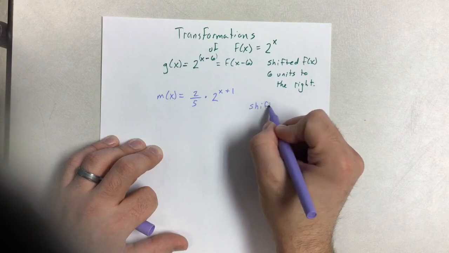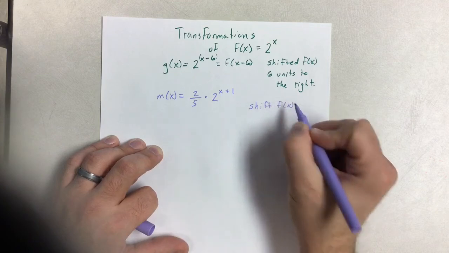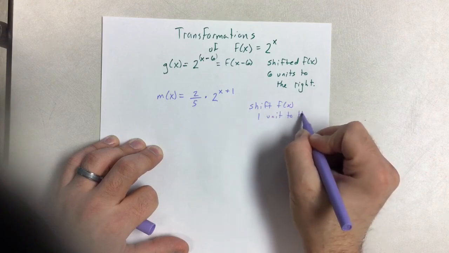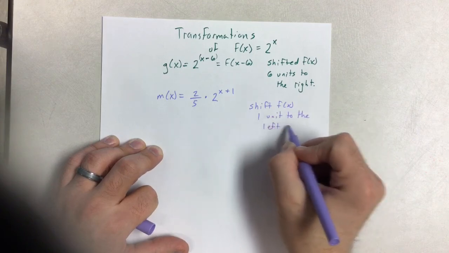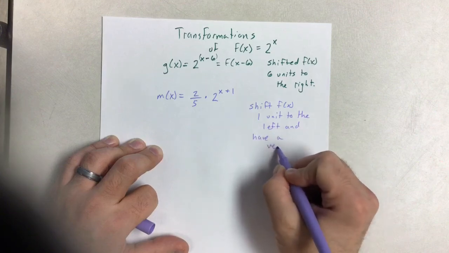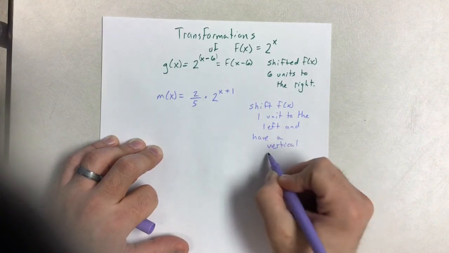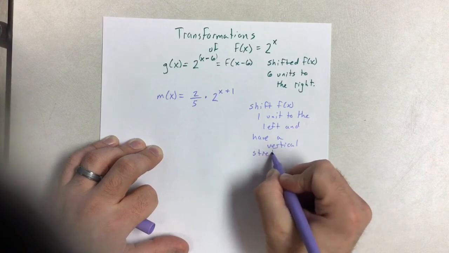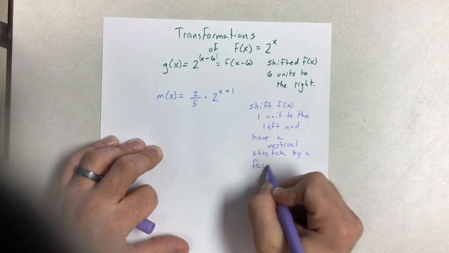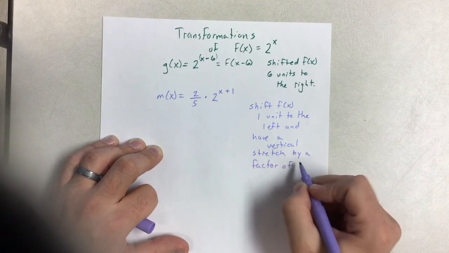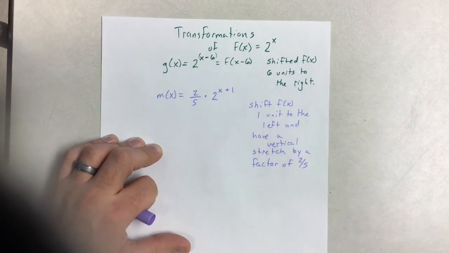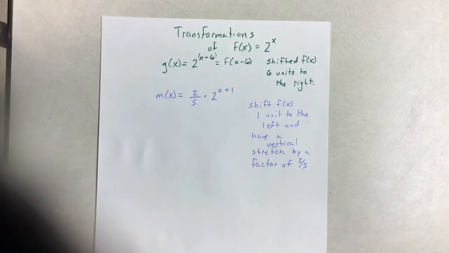We shift f of x 1 unit to the left and have a vertical stretch by a factor of 2/5. There are ways you can write that a lot shorter than I did. It's just how I chose to write it down for this problem.